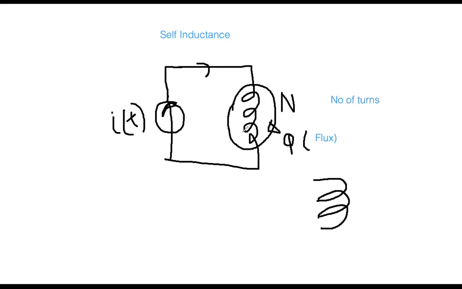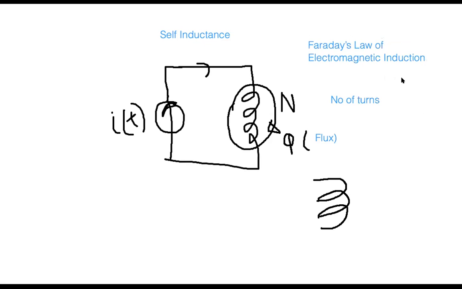At this point, everybody understand that I have drawn a coil that has N number of turns. We are applying current, of course AC current, and that is producing the magnetic field or magnetic flux. Now, according to Faraday's law of electromagnetic induction, have you heard this from physics?